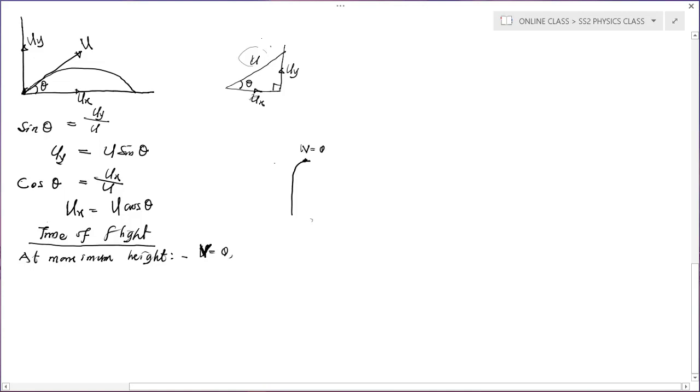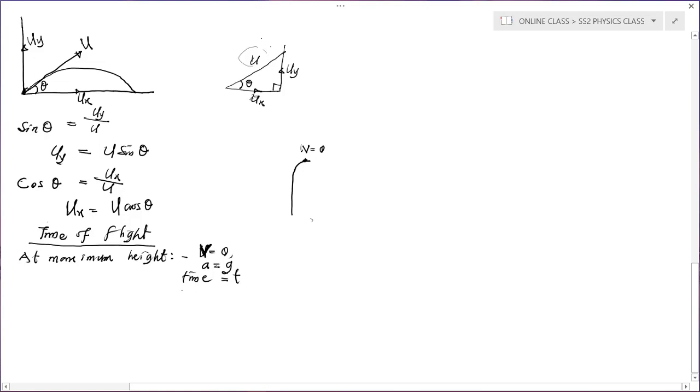That is, it's not moving. The body will first stop before it turns downward. If it doesn't stop, it won't come downward. It must get to a point where it's momentarily 0 before it turns backward and comes downward. So final velocity is 0. Our a here, acceleration, is acceleration due to gravity. Then we have our time here equal to t.